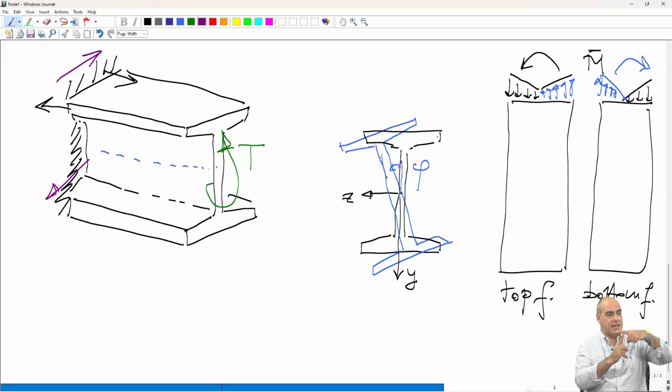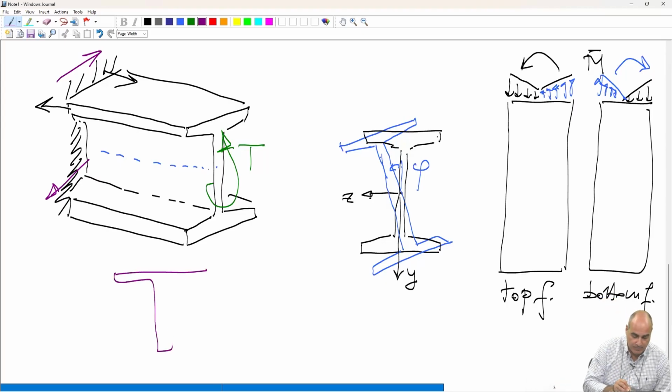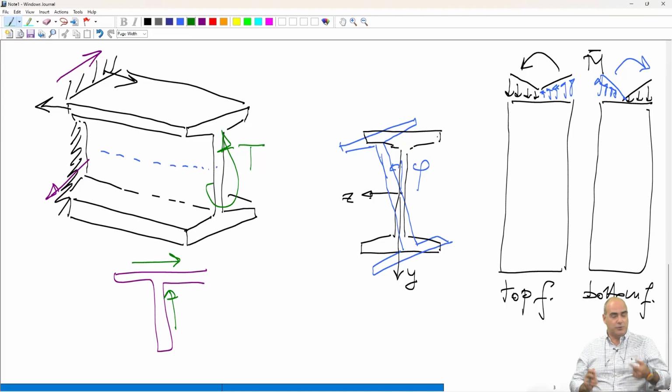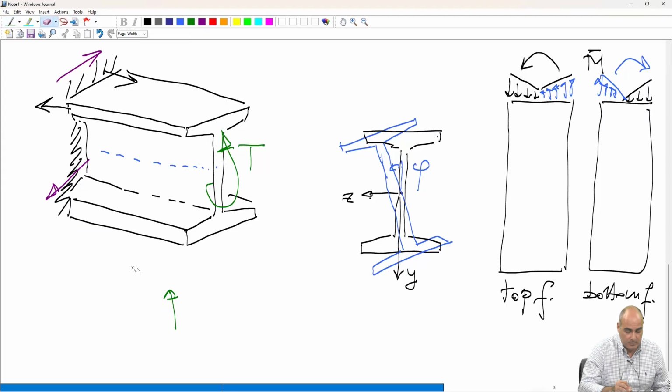Because if you have a T cross section, you have the shear, surely. You have a shear in the flange, you have a shear in the web, but they do not form a torsion moment. They converge in a point. So you must have a cross-section geometry which leverages upon these parasite shear forces to exploit them as an additional contribution to torsion resistance.